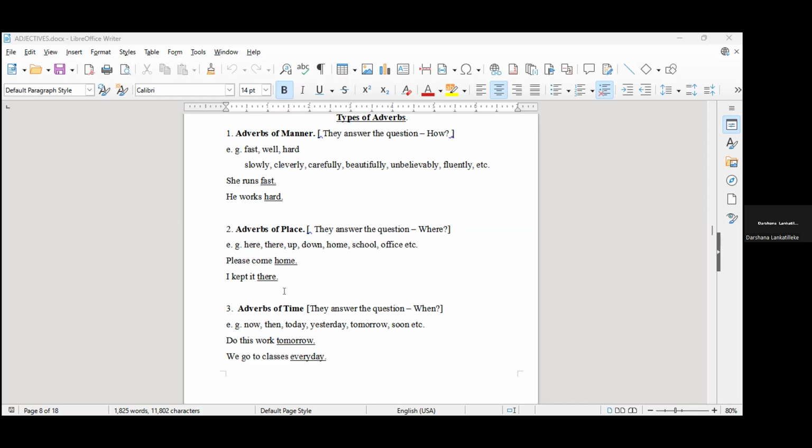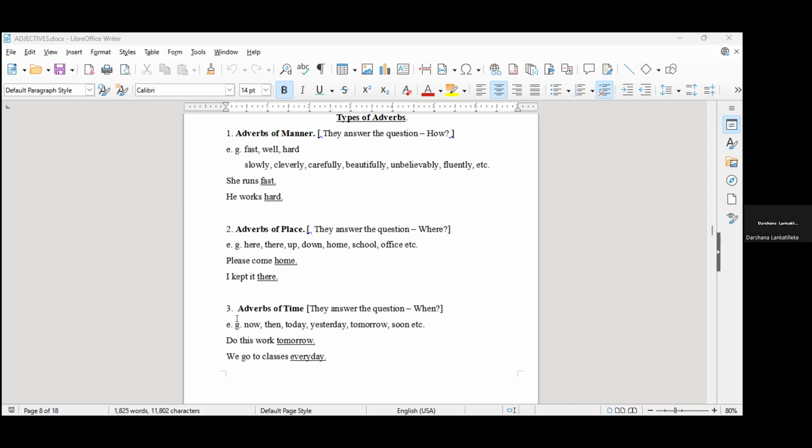We talked about adverbs of time, right? They answer the question when. Look at the examples that we can use: now, then, today, yesterday, tomorrow, soon, and so on.